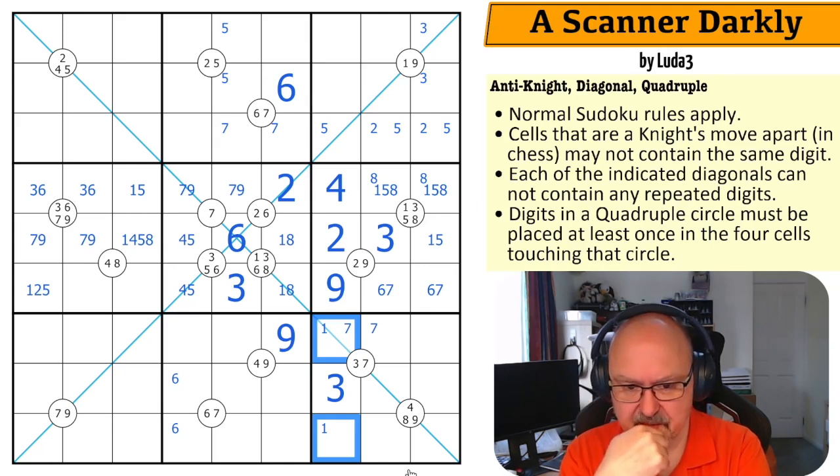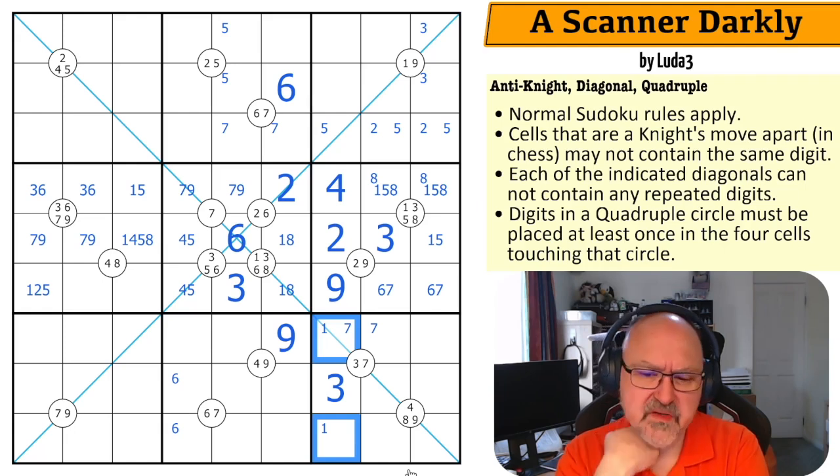Is this another example of why people say you shouldn't run a Sudoku channel? Yeah, maybe. What's the trick of diagonals and knight's move that I have missed?